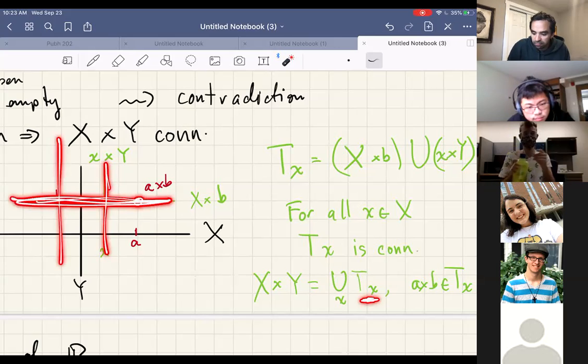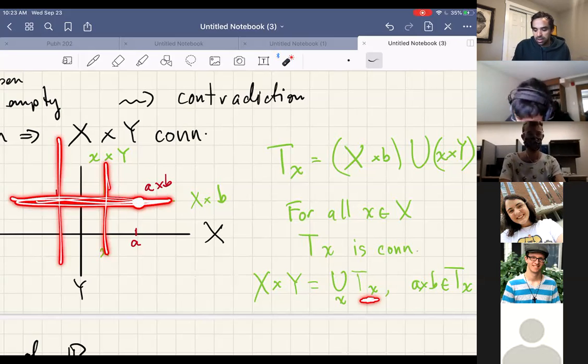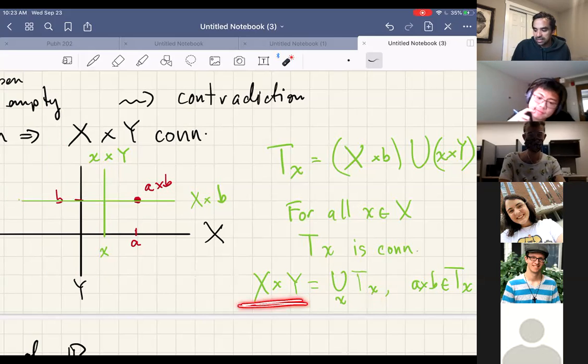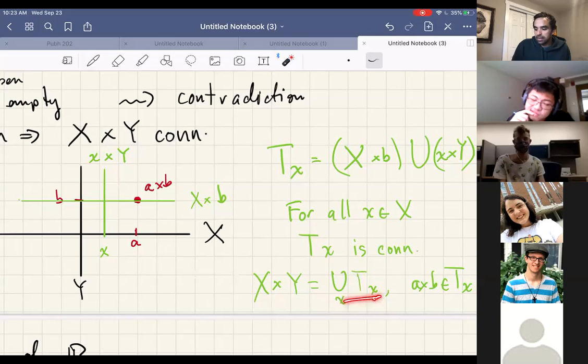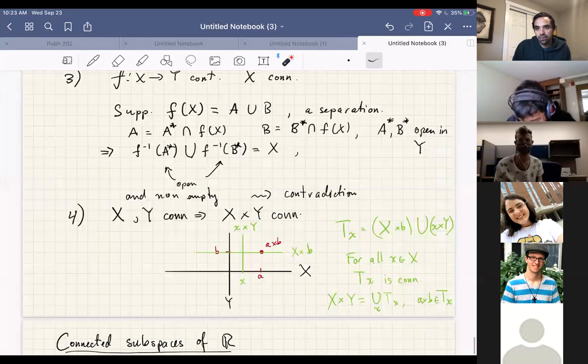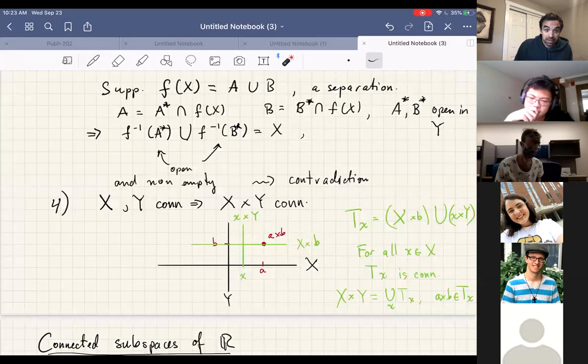Of course, it has a bunch of points in common, but I can just look at the fixed point A cross B. That's a point in common in these two. This is maybe T_x and this is T_x prime, two crosses. So I have written the product of X and Y as the union of connected subspaces, all of which have a point in common. So that means X cross Y is connected. That's a picture proof for the fact that the product of two connected spaces is again connected.